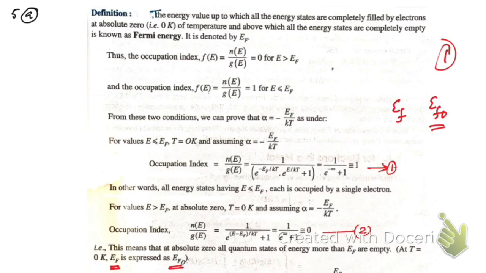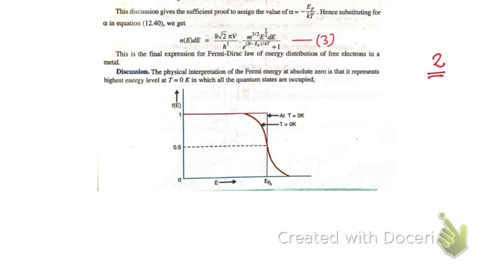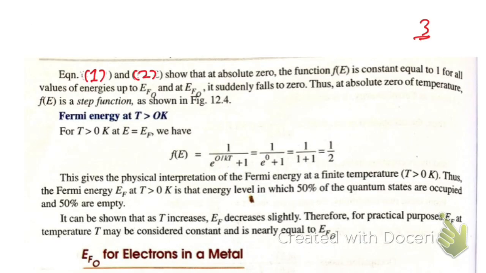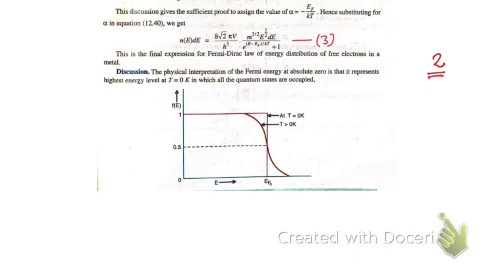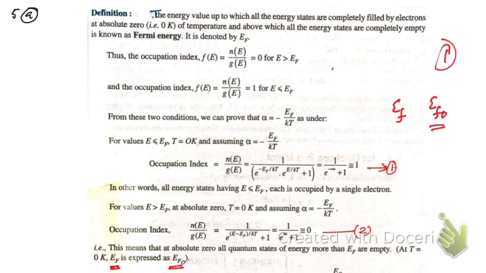And one more thing, in the question this epsilon FO symbol is not there, so you can replace epsilon FO by epsilon F only, because it is already mentioned here that in this question EF can be expressed as EFO. That means epsilon F can be expressed as epsilon FO. So you can replace this by this, right? Hope you have understood this.